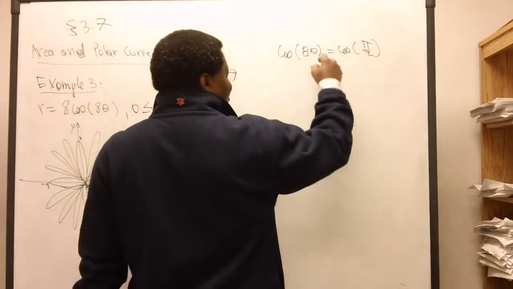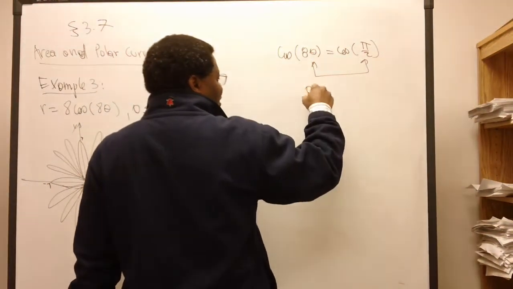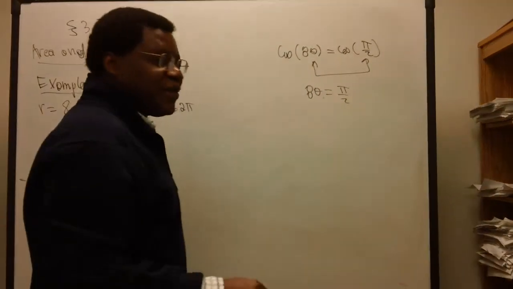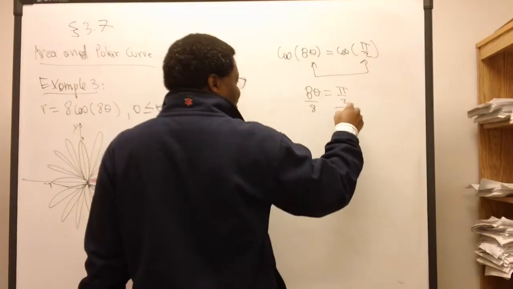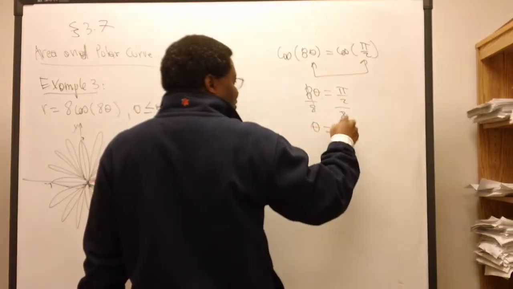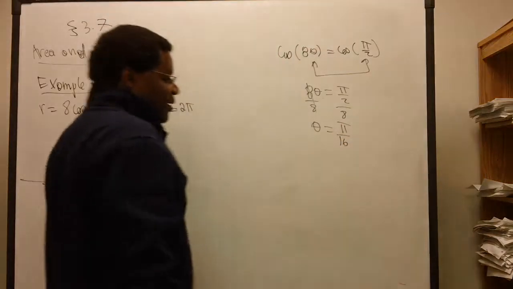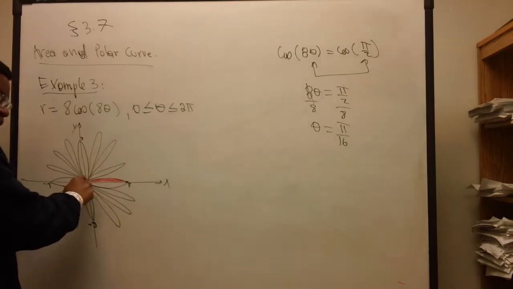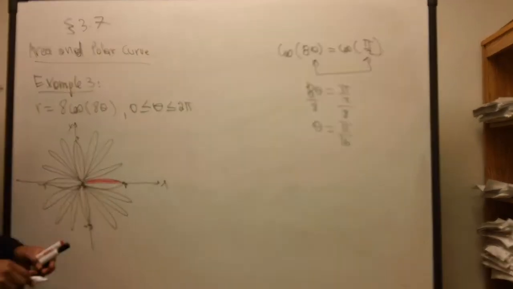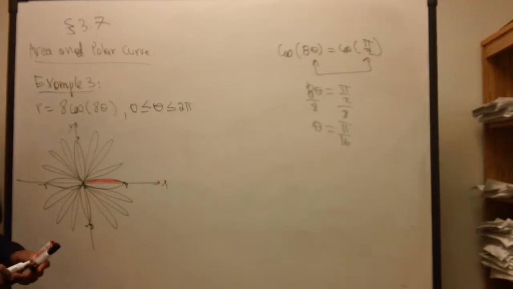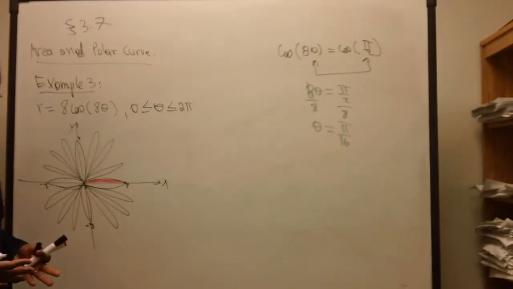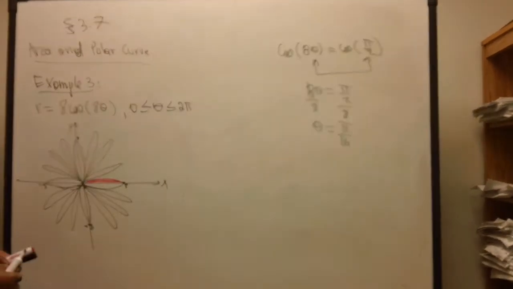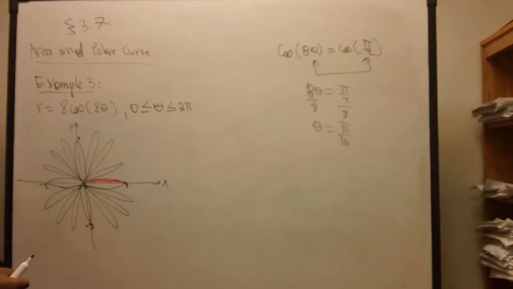Since we have cosine, we can just match the two angles. So we get 8 theta equals pi over 2, and then divide by 8, so we end up with theta equals pi over 16. So we know this curve will go back to the origin when theta equals pi over 16. That gives us the upper limit, or since we're decreasing, we can call it the lower limit.